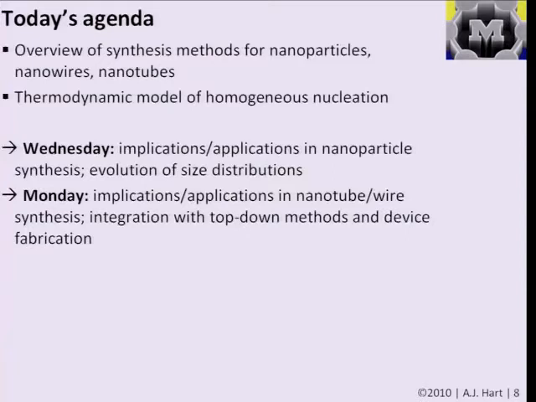So today we're going to talk about a general overview of synthesis methods for nanoparticles, nanowires, and nanotubes. I'll try to give you some examples of how these different types of structures are made, how those relate to classical methods of thin film deposition, and how those uncover some interesting effects of how things happen from the bottom up.